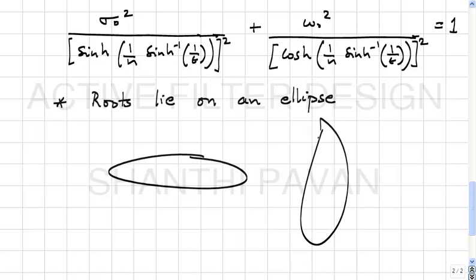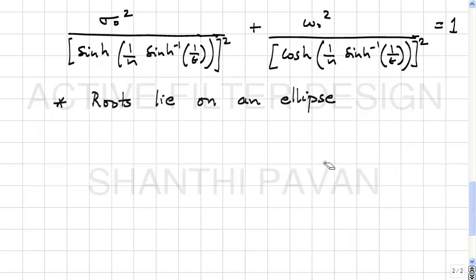Both of these are not ellipses, but the second one, right? And that's because both sin hyperbolic and cos hyperbolic have the same argument, and for the same argument cos hyperbolic is always larger than sin hyperbolic. Does it make sense?